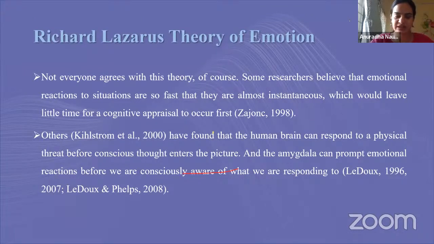The criticism is that sometimes we are not consciously aware of what we are responding to. We are not able to label the emotion. We are not able to cognitively appraise the situation. We just respond. It's just the fight or flight mechanism at that time. You see a dog, you will just run in the other direction. No cognitive appraisal of that emotion at that time.